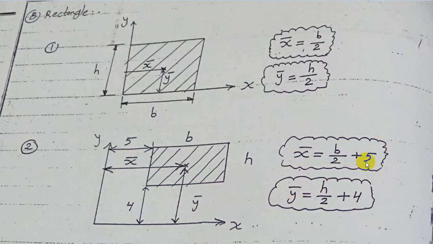That is b2 plus the distance between the vertical edge of the rectangular region, as you can see in front of you, right to the y-axis, as well as the distance from the horizontal ledge of the rectangular region, as we are all aware, right up to the x-axis. So the x dash equals b2 plus 5. This is the acquisition of both x dash and y dash respectively for the rectangular region.